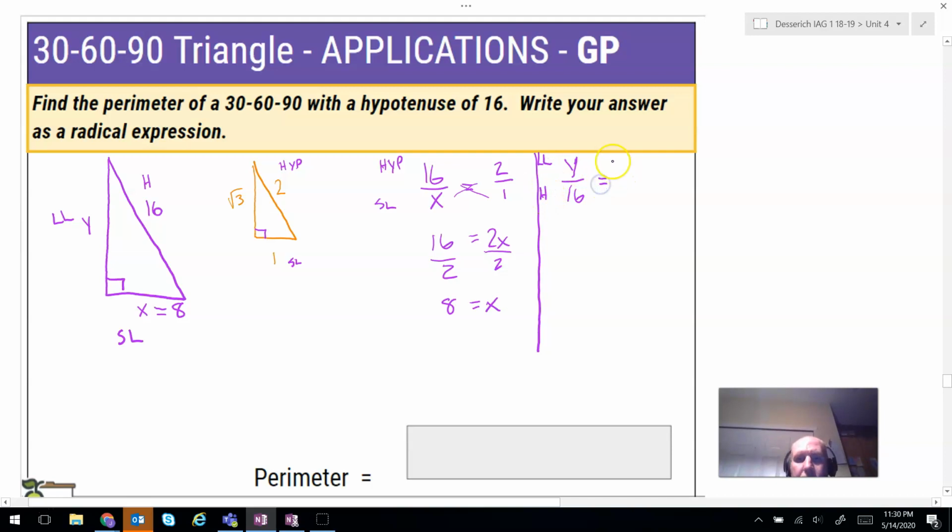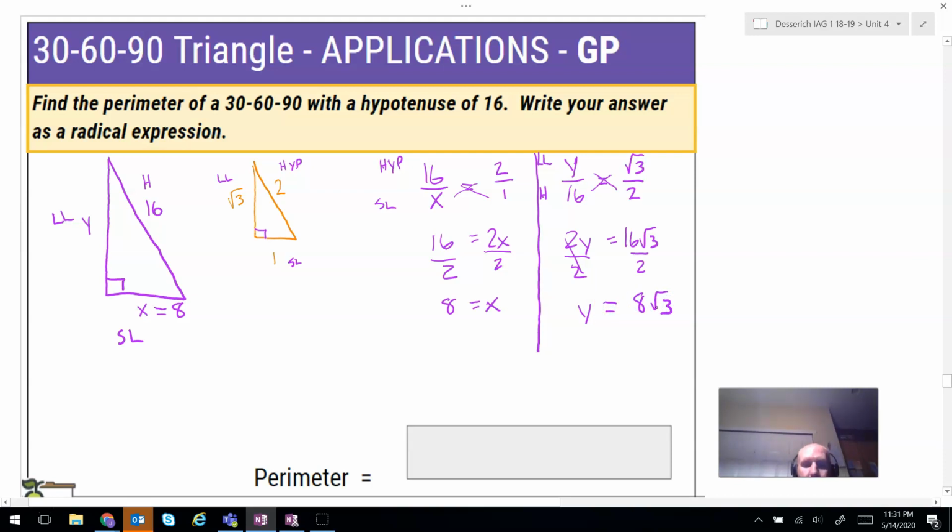So you do the same thing for Thelma here, and that will be long leg of square root of 3, that's her long leg, over the hypotenuse of 2. We cross multiply to get 2y equals 16 times the square root of 3. And then we divide both sides by 2 because we want y by itself, and we're left with y equals 8 times the square root of 3.